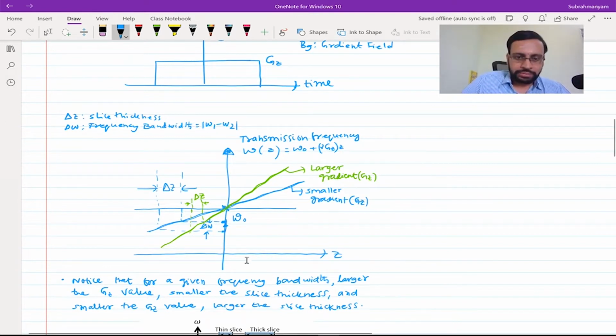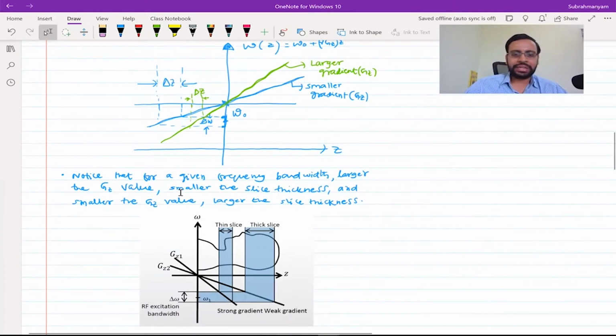You could see here, for a small change, when your gradient is high, what is going to happen? The Z values within this range are what tell you which Z values are there. This is not at all difficult.